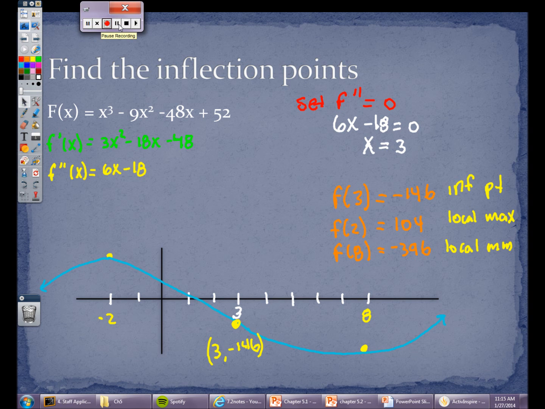If I were to evaluate the value of the second derivative, f double prime, to the left of 3, I would see that it would be negative. If I were to evaluate the value of f double prime to the right of 3, I would see it would be positive. And if I have a sign change in the second derivative, in this case going from negative to positive, I will have an inflection point.